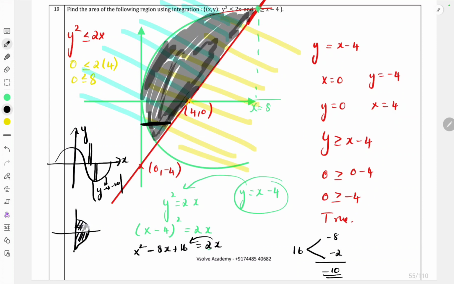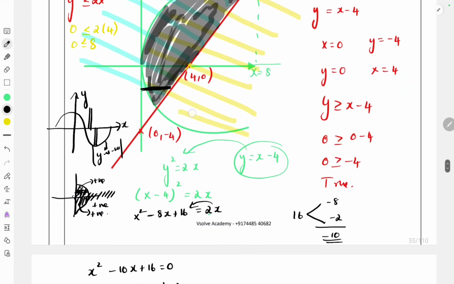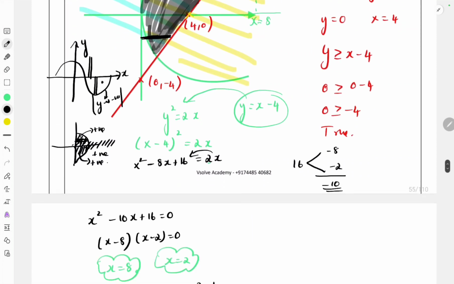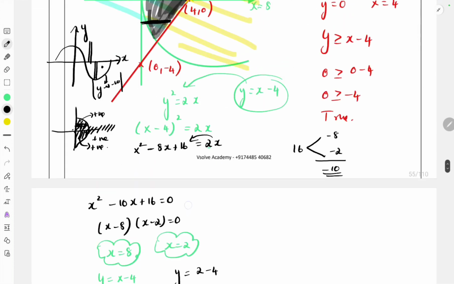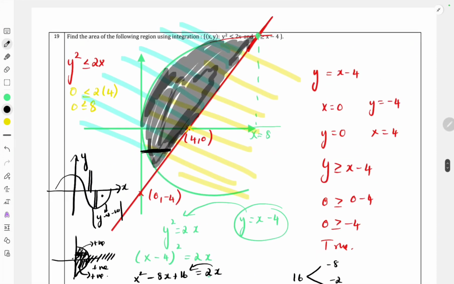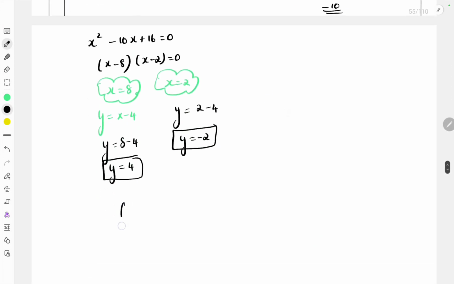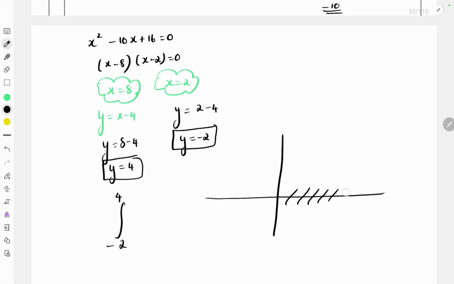I'm taking a strip like this, which is a horizontal strip. This is positive of the x-axis, and this is also positive of the x-axis, which means in a horizontal strip this will be positive as well as this. In a vertical strip only this will be negative. So what I can do here is go directly from minus 2 to 4, because this is positive of the x-axis.